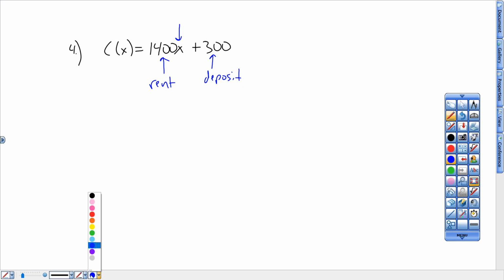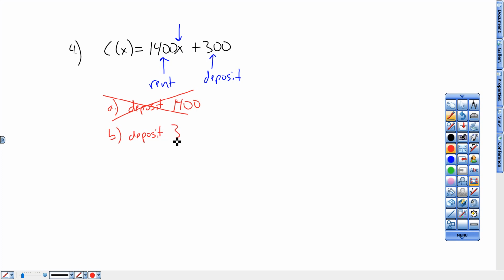So if I give you these choices, like choice A says the deposit is 1400, because that's saying the number in front of x is the deposit. Nope, that's not correct. If the second choice though says the deposit is 300, that is the one not attached to the x. That is the deposit.